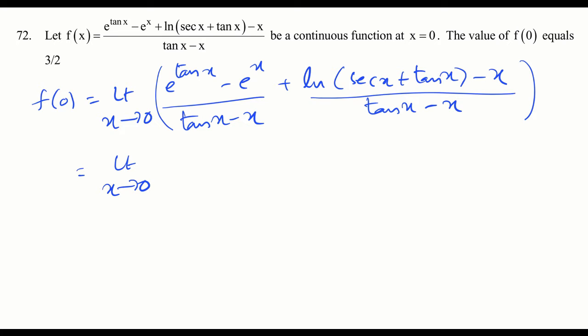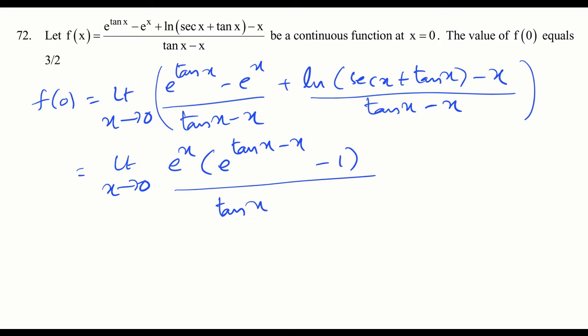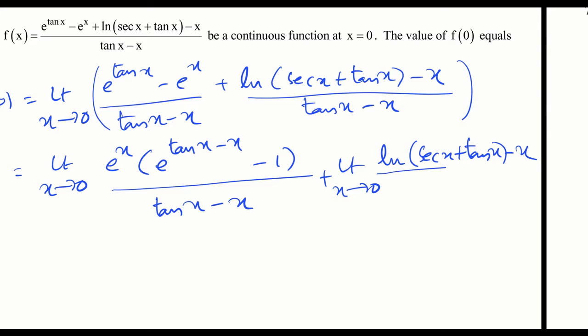For the first one, limit x tends to 0, I take out e power x common in the numerator. So I'll have e power x into e power tan x minus x minus 1 by tan x minus x, plus the second one, limit x tends to 0 of ln of secant x plus tan x minus x by tan x minus x.